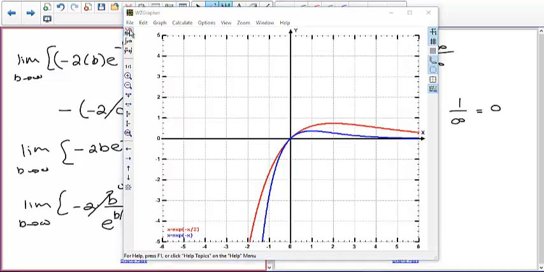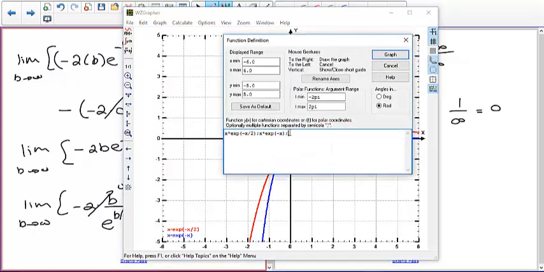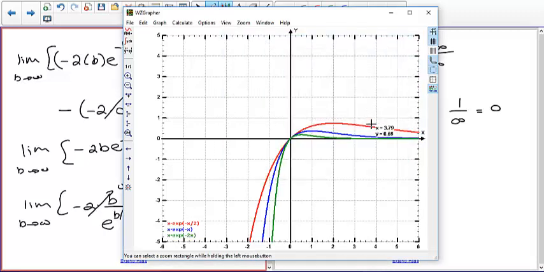And if I did x times e to the negative 2x, you get the green curve, which is even closer, right? Anyway, this one has a finite area, so these have to have finite areas.